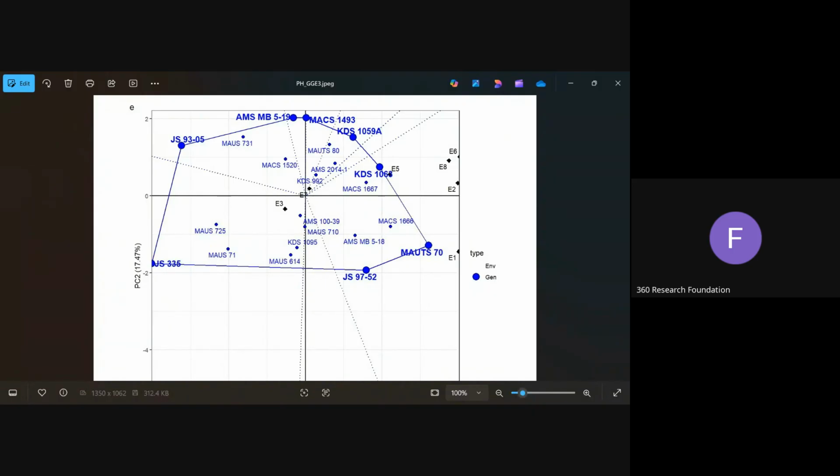So any other genotypes there? No, sir. Okay. So then, now what about environments E2, E6 and E8?